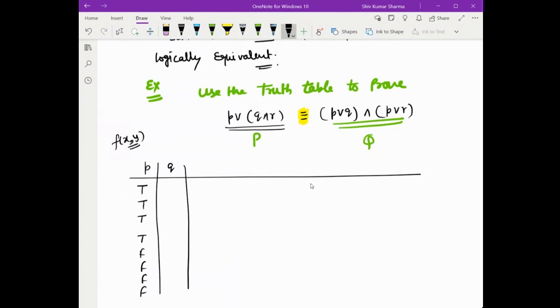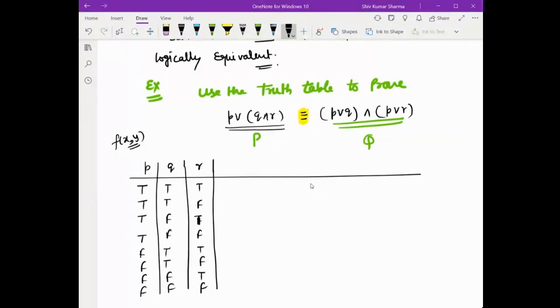For statement Q, we use 2 true, 2 false, 2 true, and 2 false. And for the third statement R, we alternate true, false, true, false.